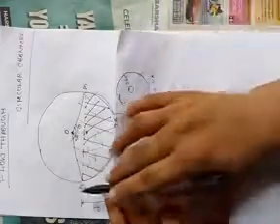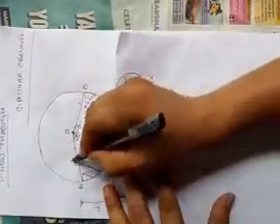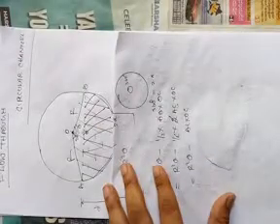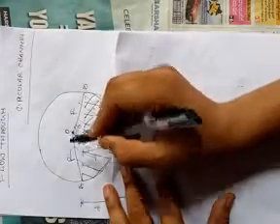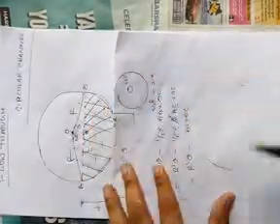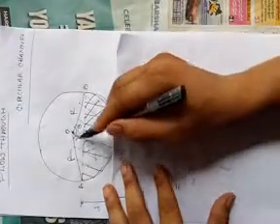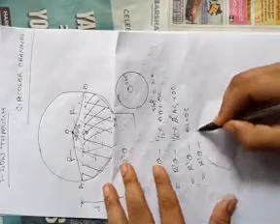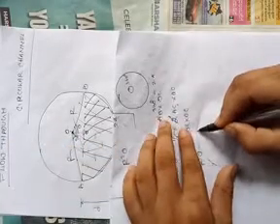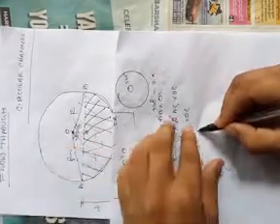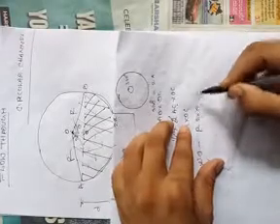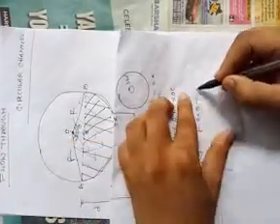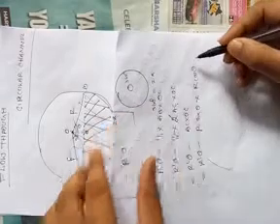See here, AC and OC: you know the radius, the hypotenuse is the radius, and you know one angle is theta. So you can find the adjacent and opposite sides. The opposite side AC is r into sin theta, and the adjacent side OC is r into cos theta. Got my point?